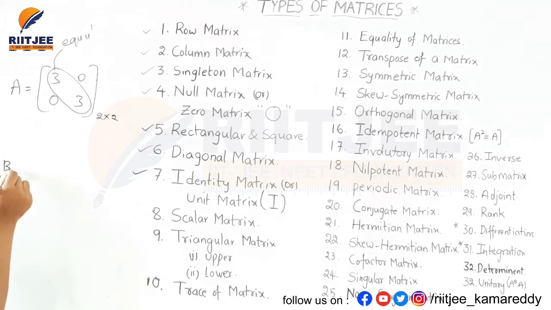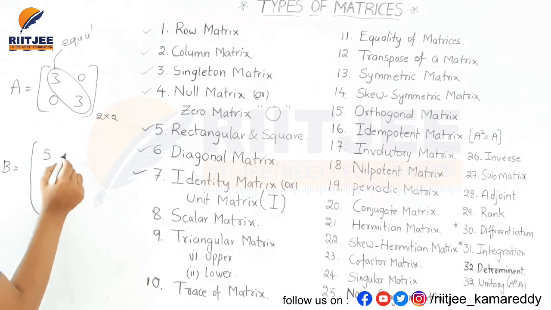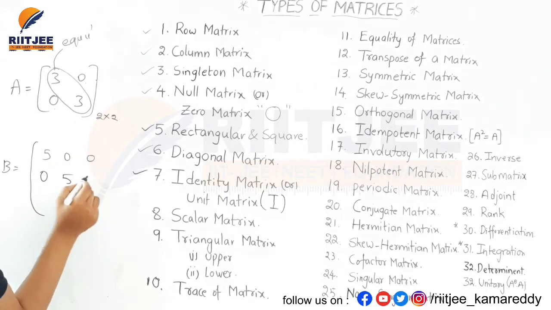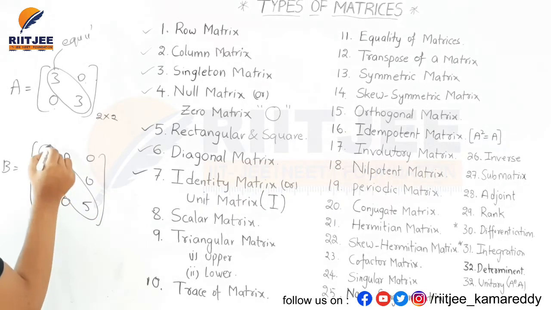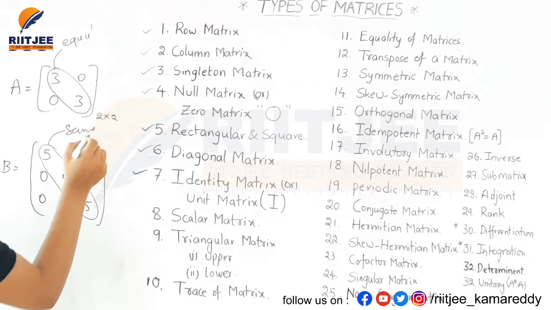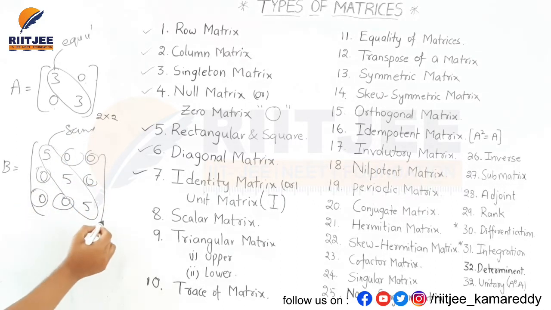I am taking a matrix B: 5 0 0, 0 5 0, 0 0 5. Here the principal diagonal elements are the same and the other elements are zeros, called a scalar matrix of order 3 by 3. This is all about a scalar matrix.